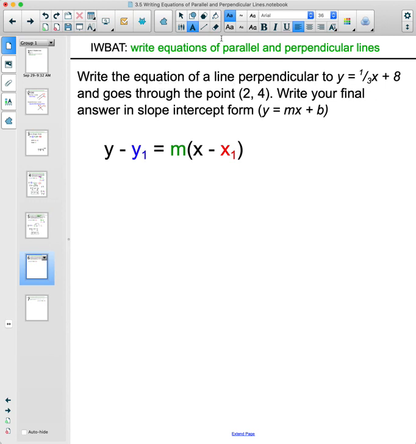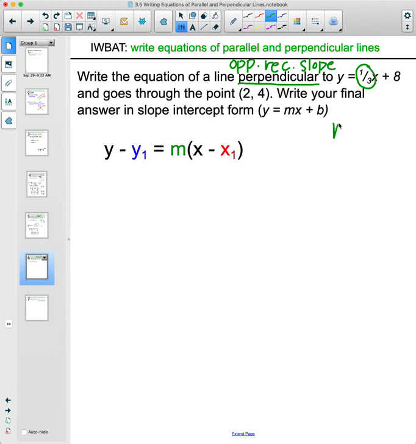If we wanted to do the equation of a line perpendicular to something, so remember perpendicular means that we need the opposite and the reciprocal slope. Okay, so when we look at this equation, y equals 1/3 x plus 8, we'll see the slope is 1/3. So the slope that they gave us is 1/3.